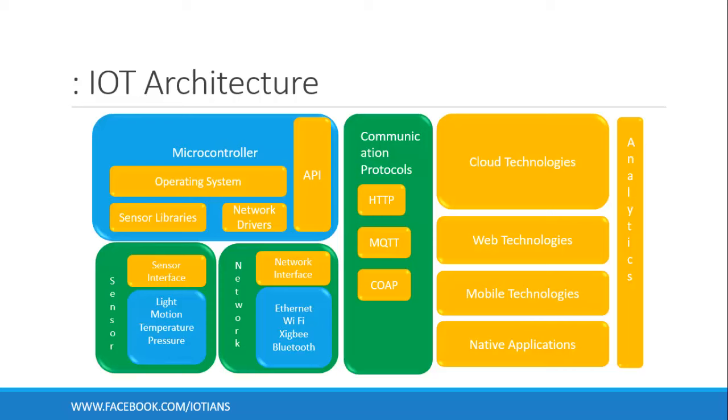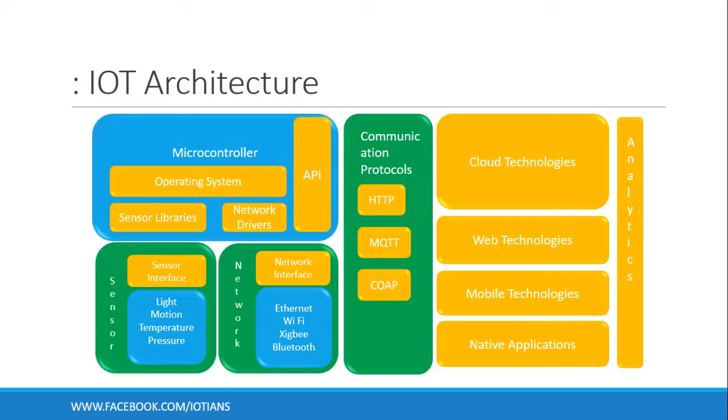Like for temperature sensors and all, they send in values between 0 to 1024. Now some logic needs to be put over it, so that you get the exact value from that particular hardware. So all that logic you need to put in the microcontroller.